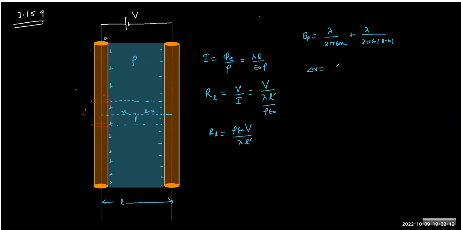So delta V, we know the formula, is minus E dot dx. So it is E_P dx, minus, and lambda by 2 pi epsilon naught you can take common. What we get is 1 by x plus 1 by L minus x. And the limit will be from where to where?